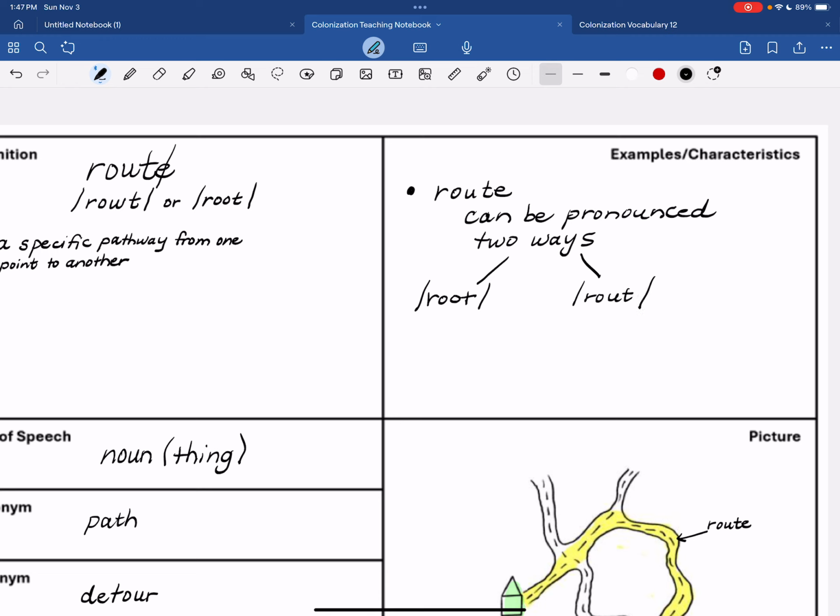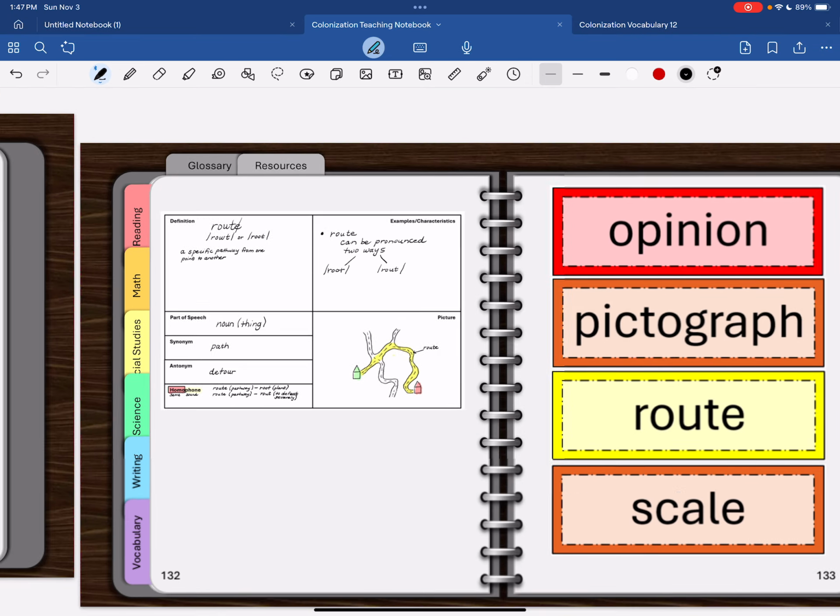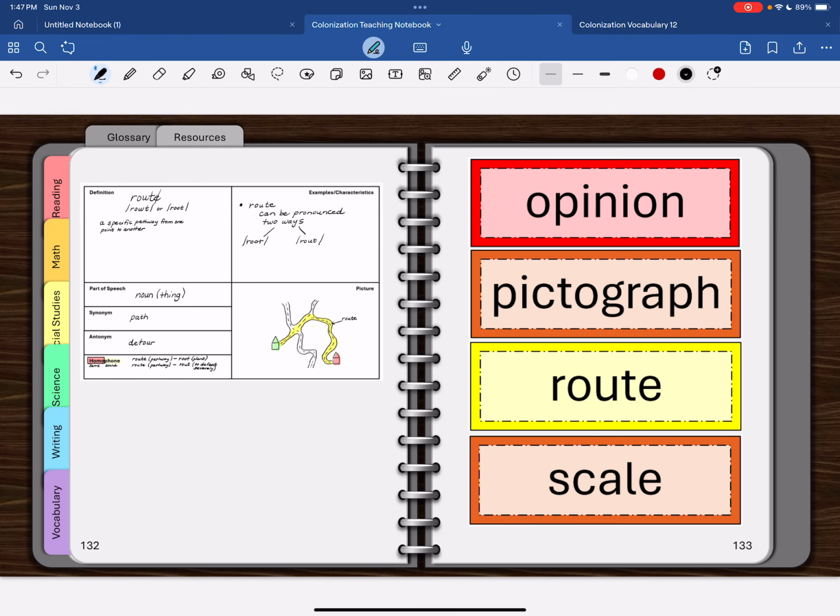Because remember, the E on our word is silent. Root or route is correct. I tend to say route, but either is acceptable. So you can fold that one up and glue it underneath pictograph.